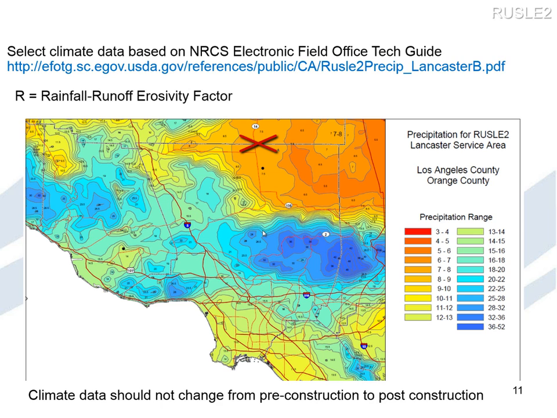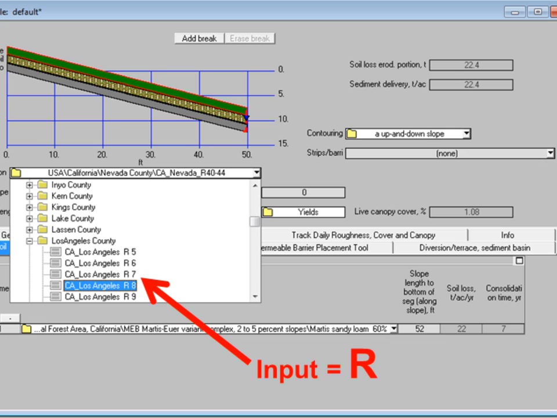You can imagine these numbers changing considerably if we go up to, say, North Coast, Humboldt County. So these are going to vary depending on where you are, but in Lancaster these are the precipitation breakdowns. This is a really critical piece of information that's used to determine what the R factor is. So if you know what precipitation polygon you're within, then you can determine what your R factor is.